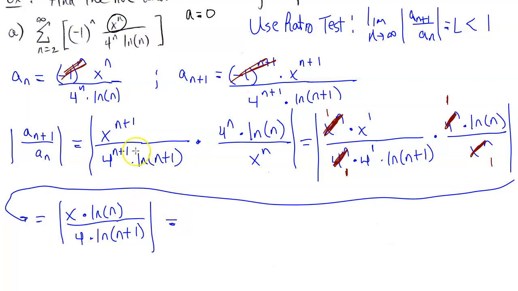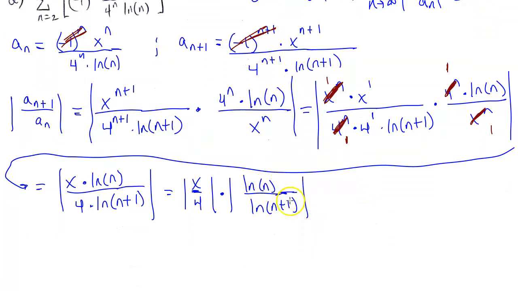And we'll just leave it like that. So this is what we need to take the limit of. Okay. So if we take the limit of this, to make this a little bit easier for me, I'm going to split this up as 2 separate absolute value functions here. This will make it easy for me to evaluate the limit.